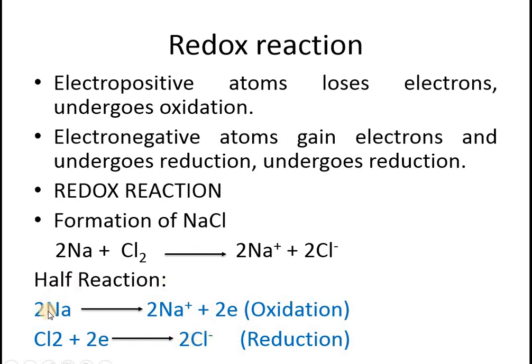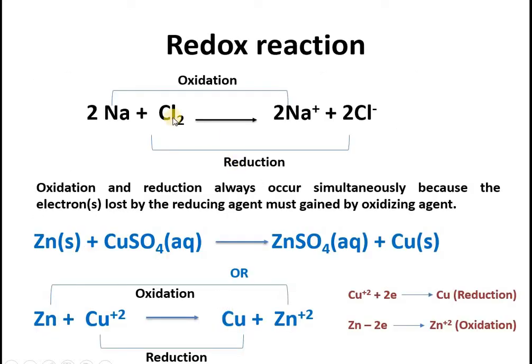When it is losing electrons, it gets oxidized. So sodium to sodium plus, you are having oxidation. Chlorine to chloride, this is reduction. Now in any reaction, oxidation and reduction will always occur simultaneously because the electrons lost by the reducing agent must be gained by the oxidizing agent.